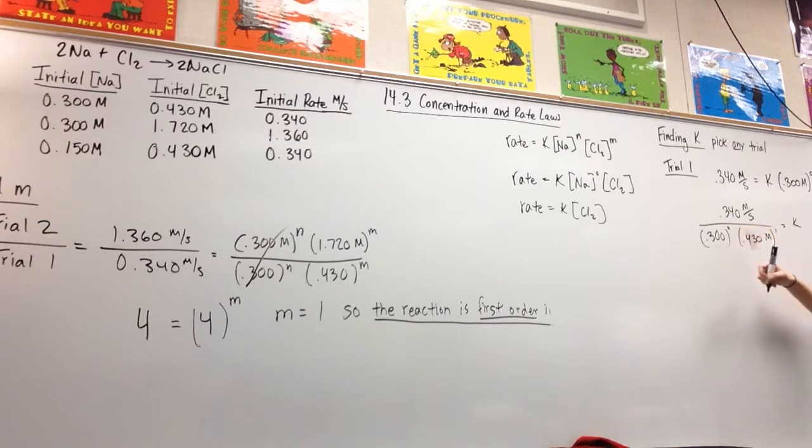So if it ends up being 1, I'm going to just write 1, and then 0.340 molar per second is equal to 1 times 0.340 molar is equal to K.